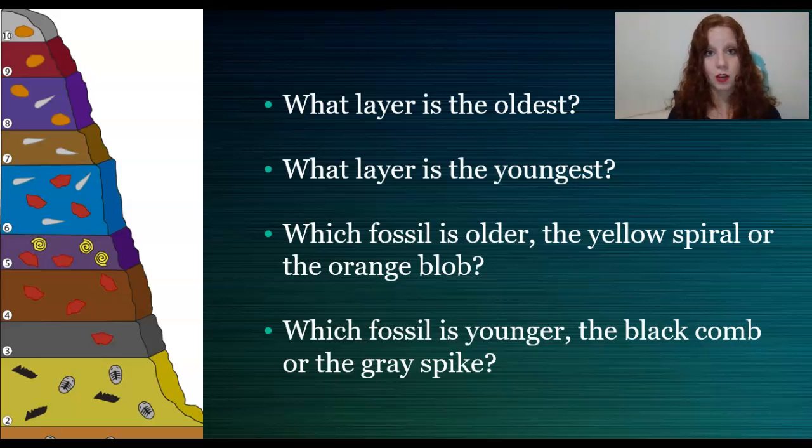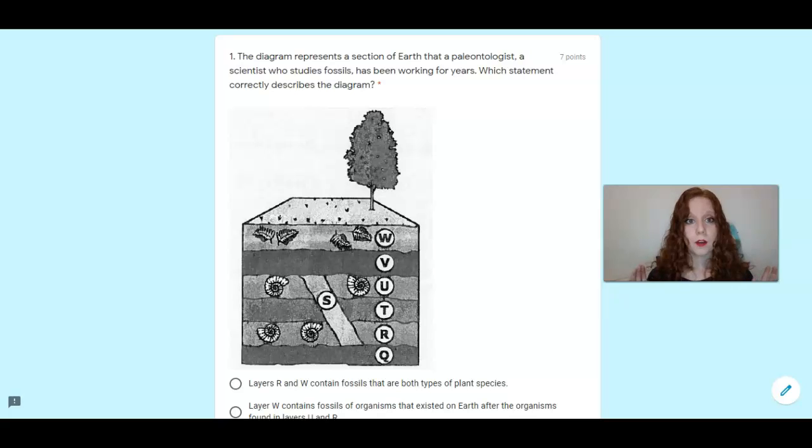Let's look at the actual test that I gave you this year and pick those questions apart. Okay, first question is actually the first question. It says, the diagram represents a section of Earth that a paleontologist, a scientist who studies fossils, has been working for years. Which statement correctly describes the diagram? So let's look at the statements and start checking them off.